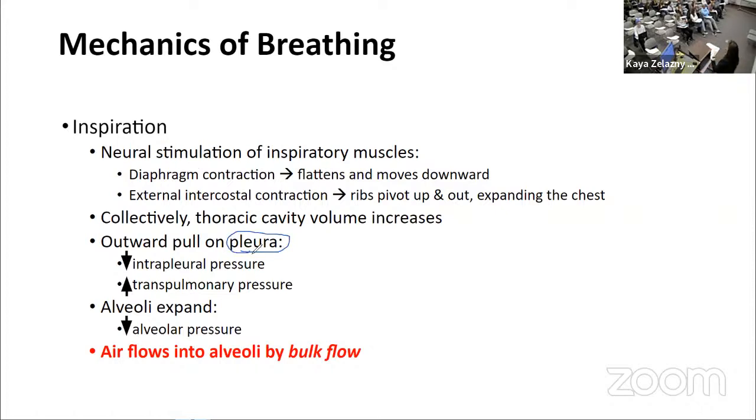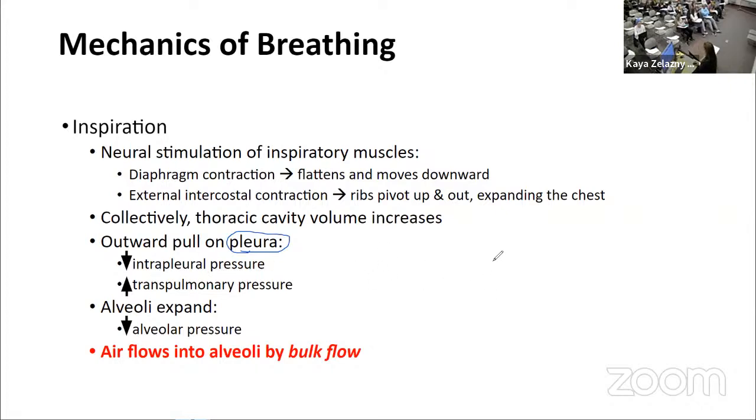We have parietal pleura lining the inside of our chest wall. As that parietal pleura is moving out, following along with the ribs and the muscles, this is also dropping the intrapleural pressure. So that's actually what happens first: it drops the intrapleural pressure.